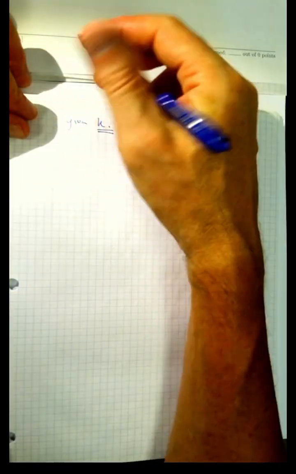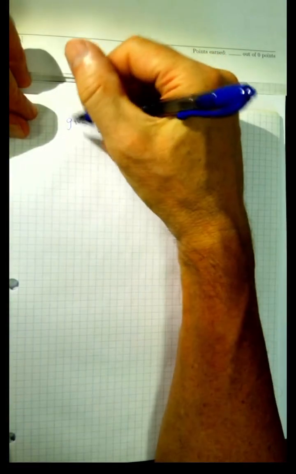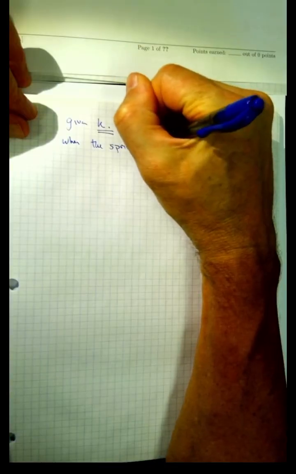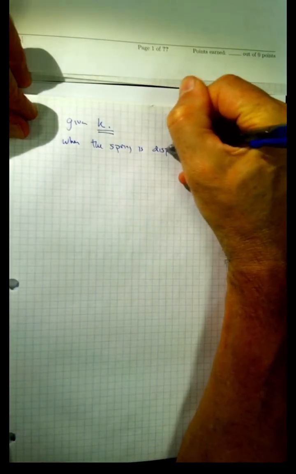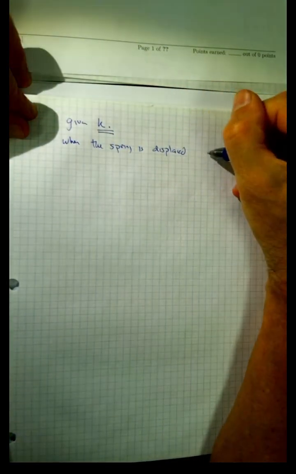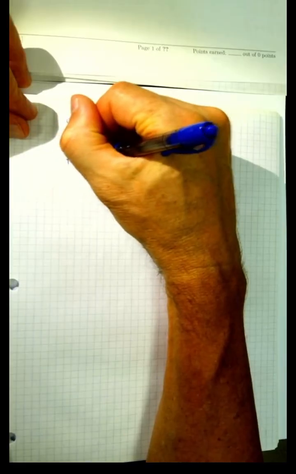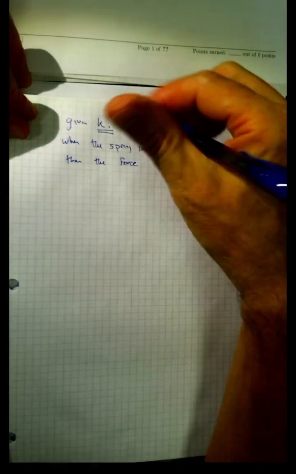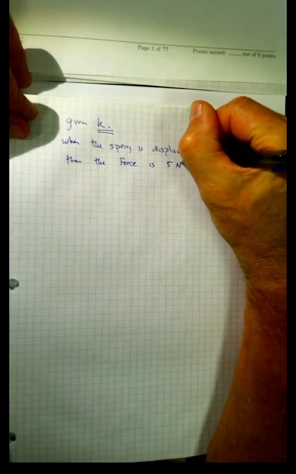So for example, instead of giving you the spring constant, it could say something like, when the spring is displaced 0.25 meters, then the force is 5 newtons.